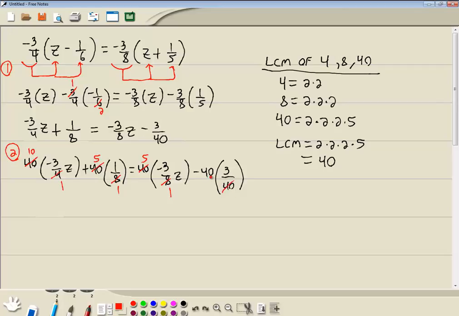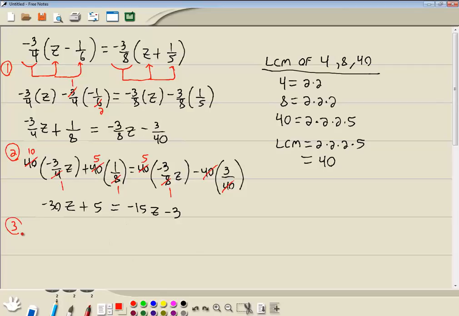And 40 is going to cancel there. So we got 10 times negative 3, which gives us negative 30z, plus 5 times 1 is 5. 5 times negative 3 is negative 15z, minus 3. Now let me double check there, make sure I didn't drop anything. Okay.